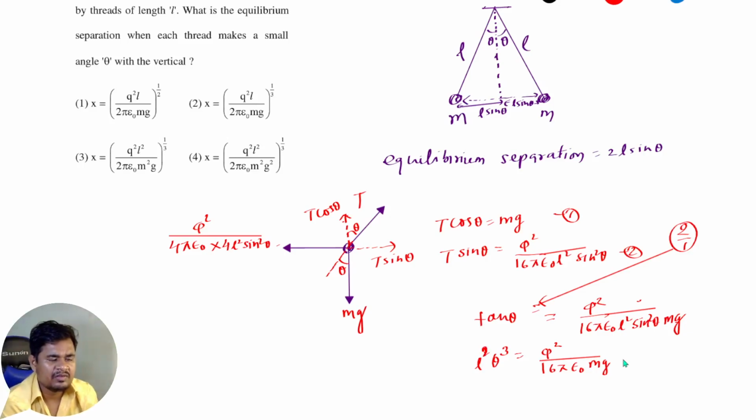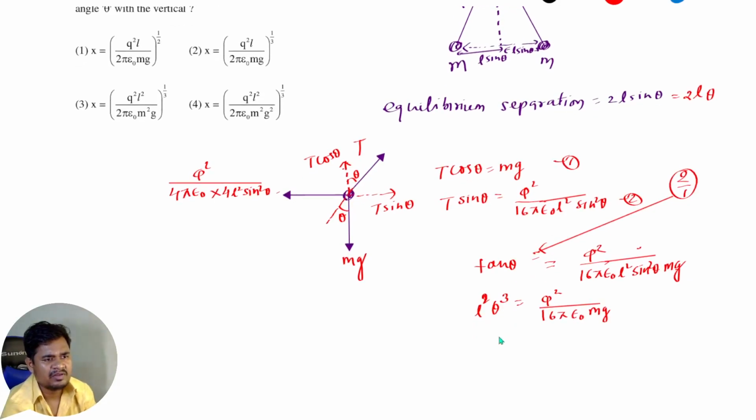Equilibrium separation is 2L theta. That can be written here as x equals 2L theta. So from 16 I will take 4 here and I will put 4 here.